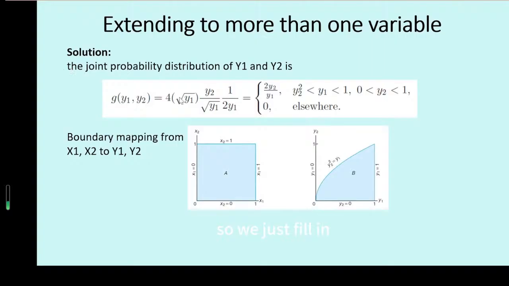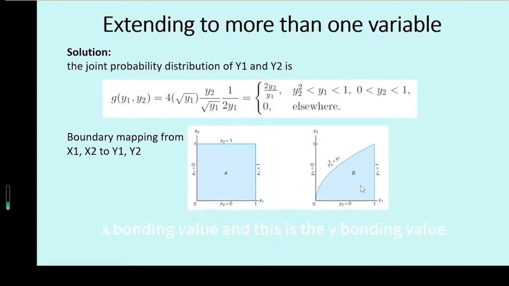So we just fill in the formula, and we get the joint density of y1 and y2 equal to the joint density of x1 and x2 evaluated at the y1, y2 values, then times the Jacobian determinant. The result is 2y2 divided by y1. And the bounding area looks like this. From this mapping from x to y, this is the x bounding region and this is the y bounding region.